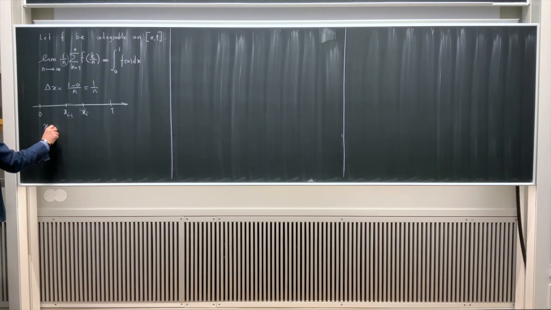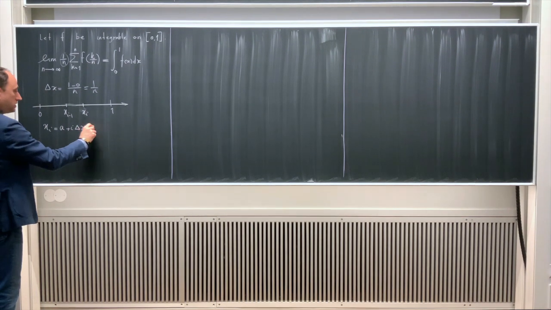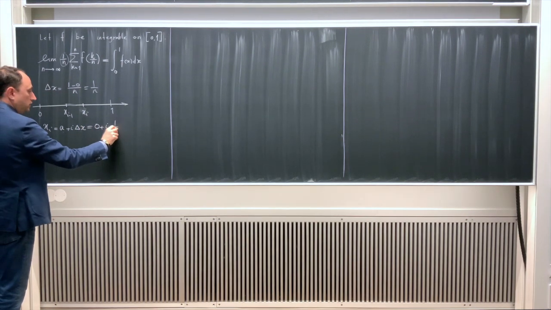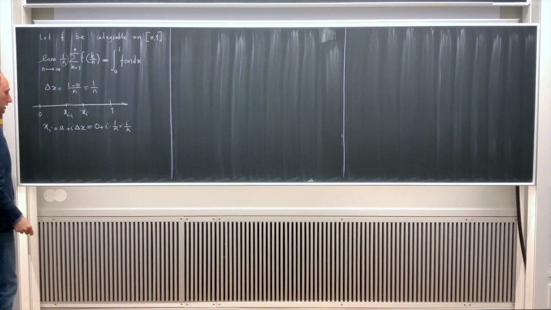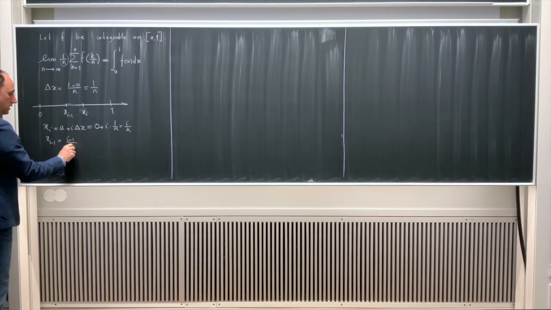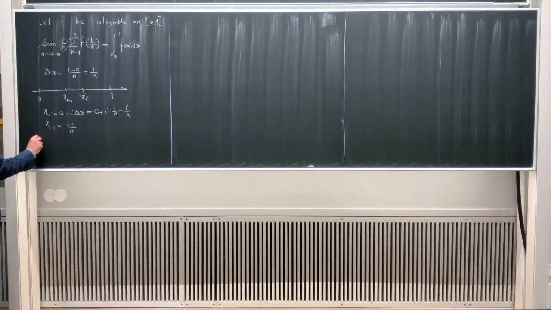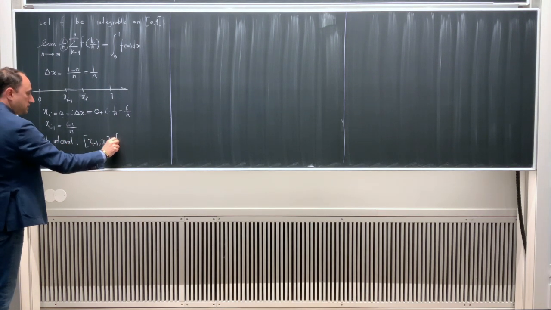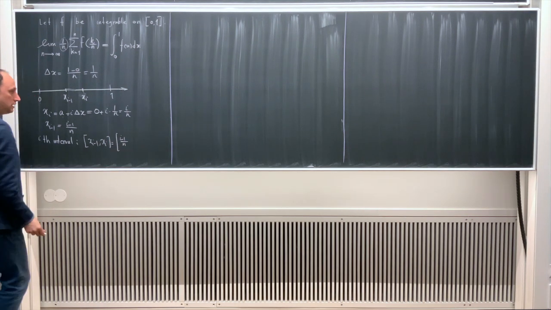Do you remember? x_i is the first number a plus i times the length of this interval. But in this case, a is 0, i is just i, and delta x is 1 over n. So it is i over n. And for the same reason, x sub i minus 1 is (i minus 1) over n. So if I ask you what is the ith interval, it is between x_{i-1} and x_i, which is (i minus 1) over n and i over n.